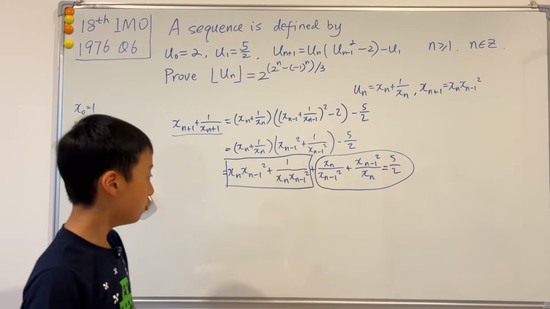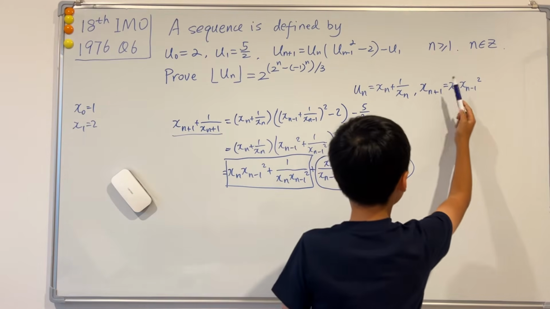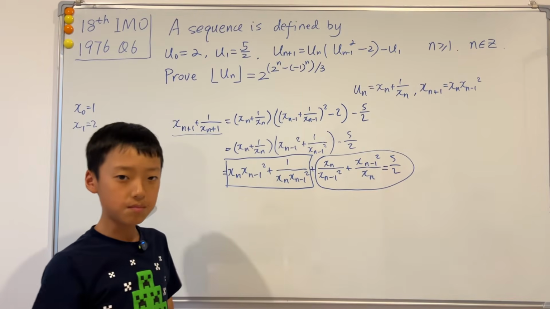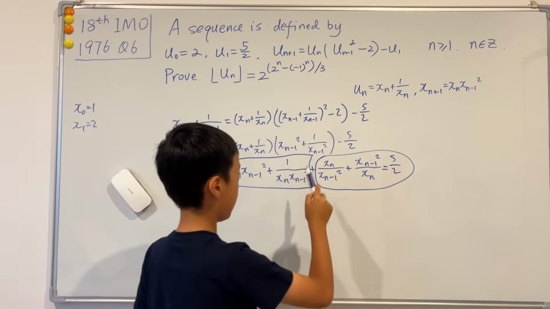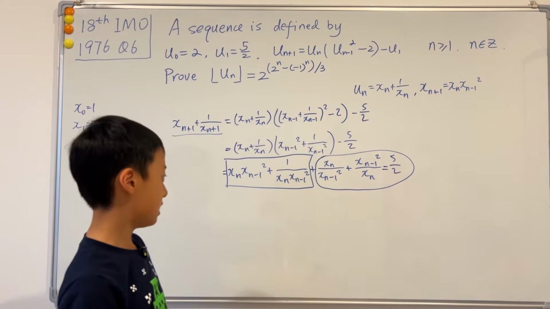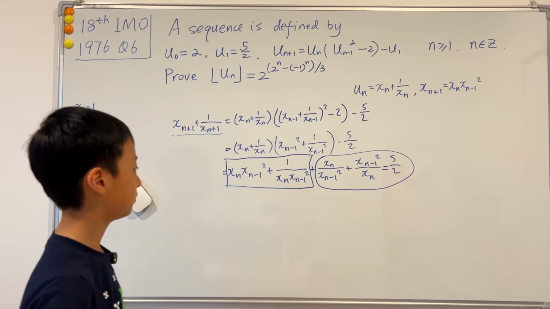So to do that, I'm going to use this thing and plug it into this. What I mean by that is I'm going to plug in xn equal to, using that formula. But I'm not going to plug it in for xn minus 1, and you'll see why.